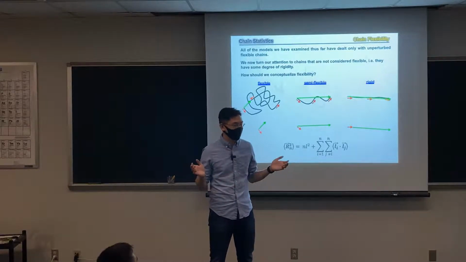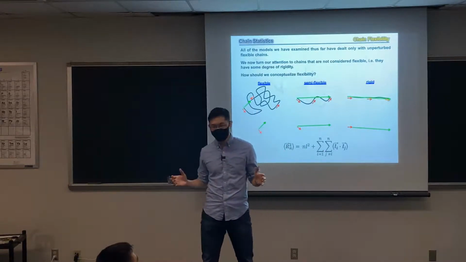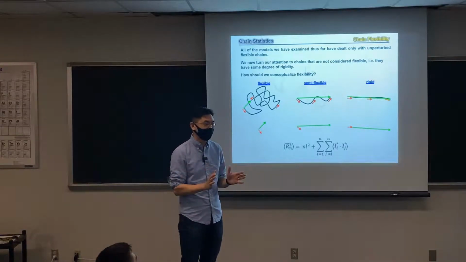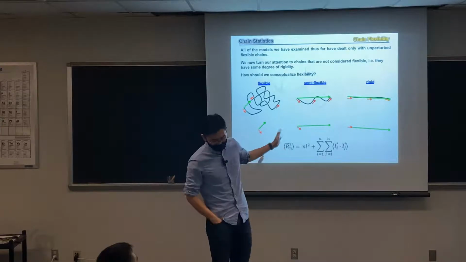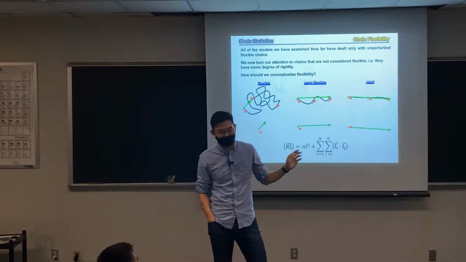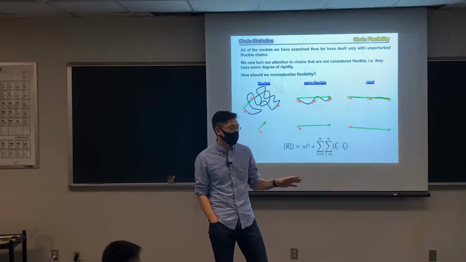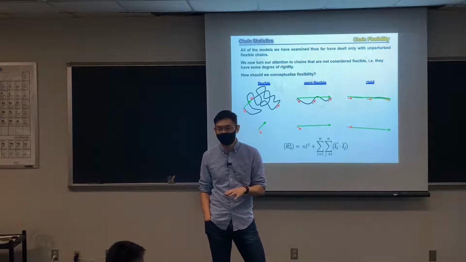How many of you think it's flexible? Oh, I love this class because you always give me a different perspective. The answer is really that you need to understand what size scale we're talking about.